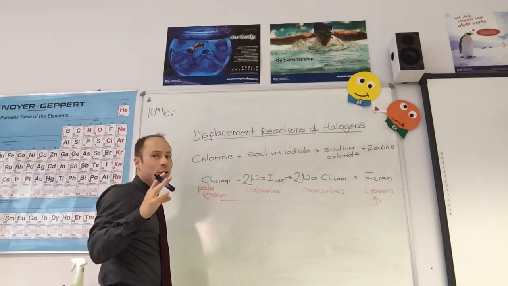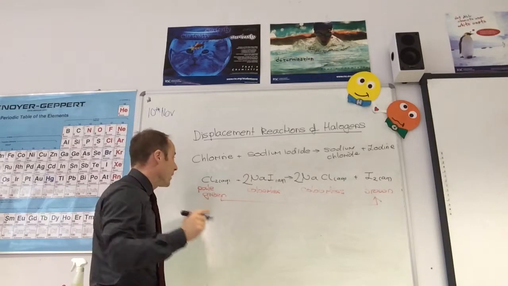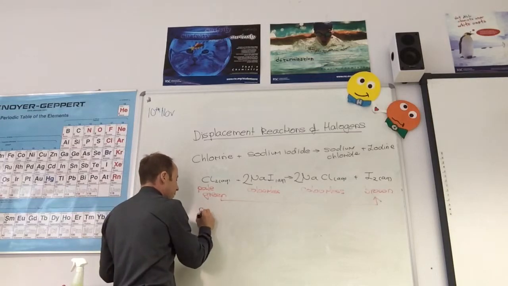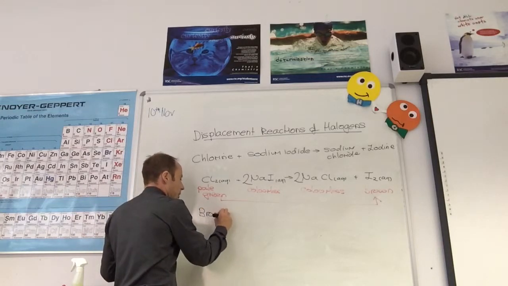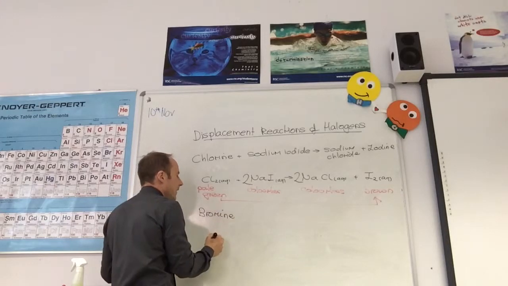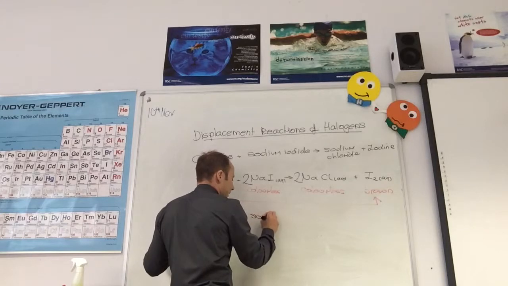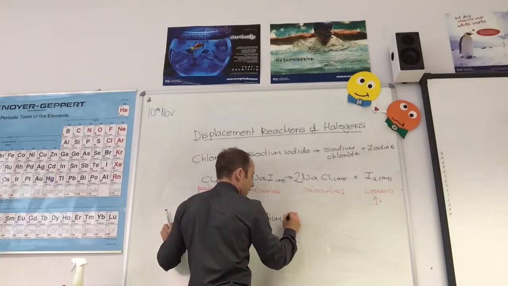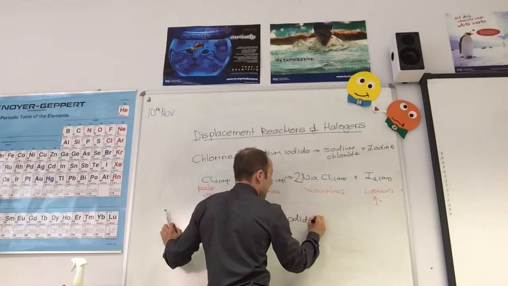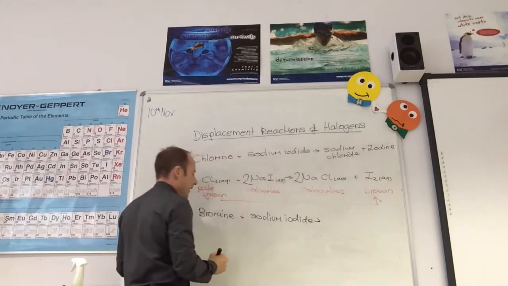Those are my two chlorine ones. There's one more equation you need to know, and that's with bromine. And we'll talk about why we don't need to know any others in a minute. I'm going to do bromine plus sodium iodide. Can anybody hazard a guess as to what I'm going to make?